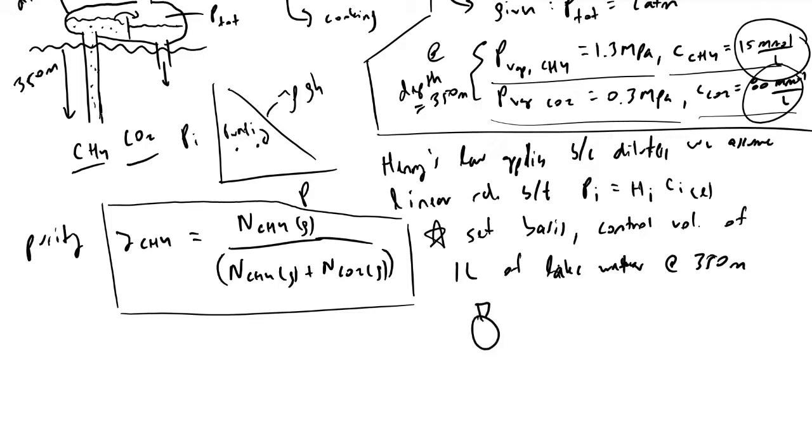So just to illustrate what's going on here, at z equals 350 meters, it's all liquid. But as we go to the surface, z equals 0 meters, our balloon will begin to have a gas phase as well as a liquid phase, and this is coming from the fact that we've got methane and carbon dioxide vaporizing into the gas phase due to the change in pressure.